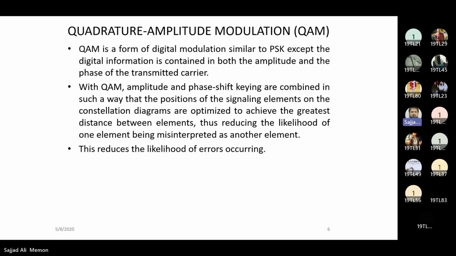On the other hand, we have QAM, that is quadrature amplitude modulation, due to the limitation of 16 PSK. As we've seen with 16 PSK, the difference between the consecutive symbols was only 22.5 degrees. So on either side, it can go up to 11.25 degrees, meaning a shift of only 11.25 degrees is tolerable with 16 PSK.